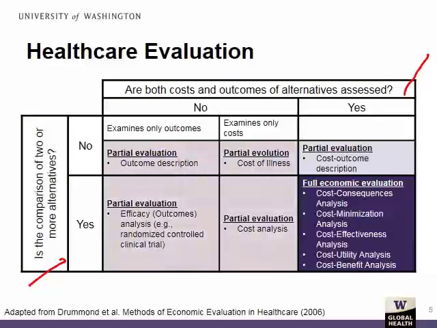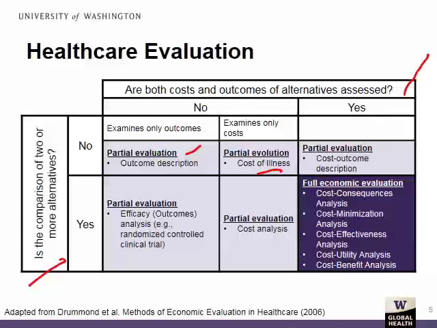And if we are not comparing 2 or more alternatives, we have partial evaluations on the outcomes side, which are outcomes description here. And then we have cost of illness studies, which compare costs only of only one intervention, essentially one disease area, and this is cost of illness right here. And in later weeks we'll look at cost of illness studies.